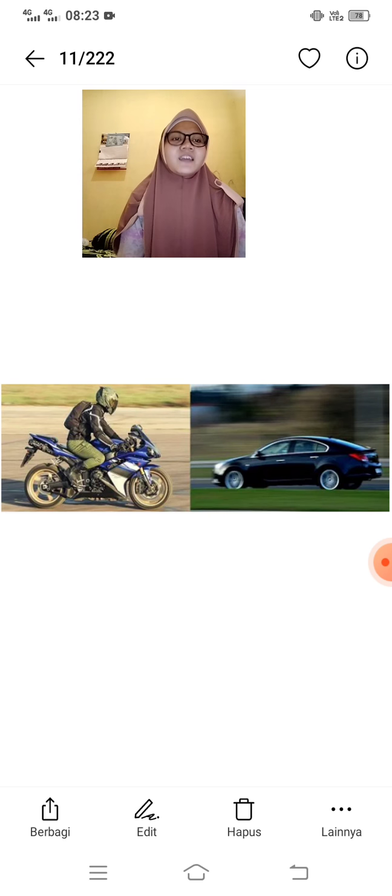Then, if there are two vehicles with the same mass moving at different speeds, which one is more difficult to stop? A vehicle with a low speed or a high speed? These questions are the concept of momentum.